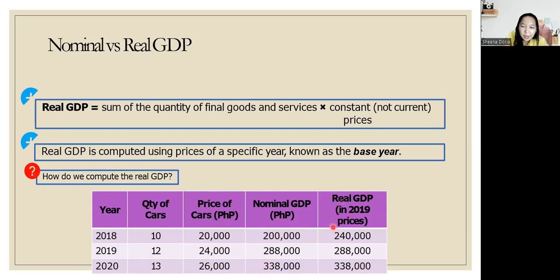Pag real GDP ang gagamitin natin, ang base year natin is 2019, ang gagamitin natin na quantity is 10, ang price natin is 24, kaya siya naging 240. So for 2019, same pa rin since siya nga yung base year, pero for real GDP, 13 times 24.